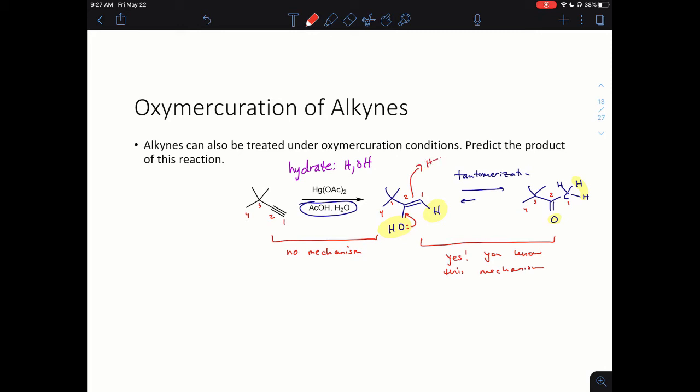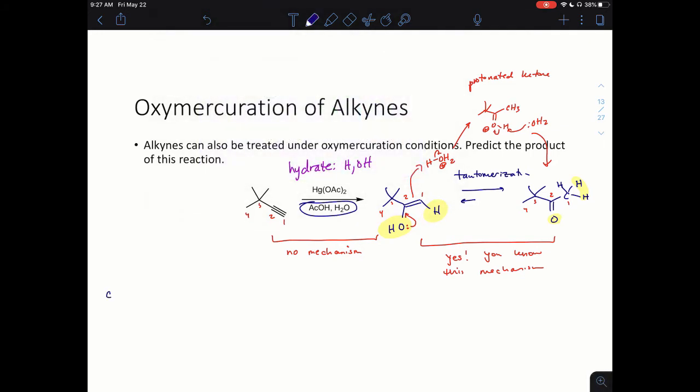We will protonate the enol with acid, either hydronium or acetic acid, either is okay. That will generate the protonated ketone. The protonated ketone will be deprotonated by water to generate the ketone. Easy peasy, lemon squeezy, as my 4-year-old says. All right, we can do that. Review the enol keto tautomerization if you need to.